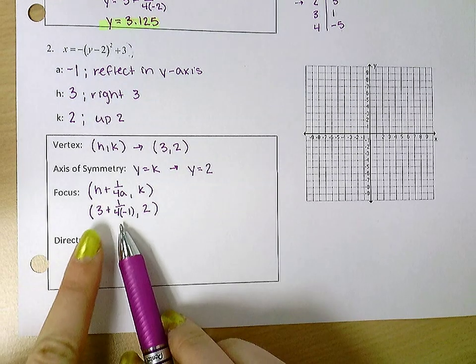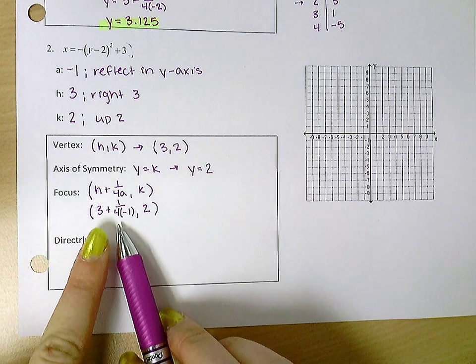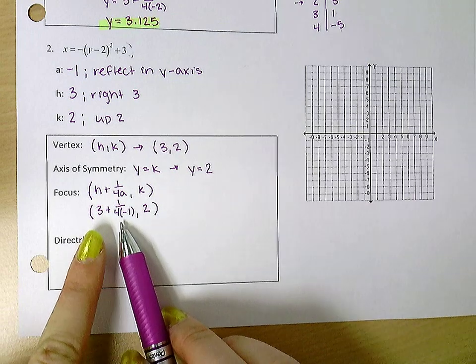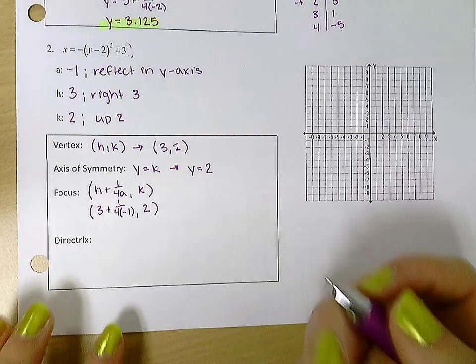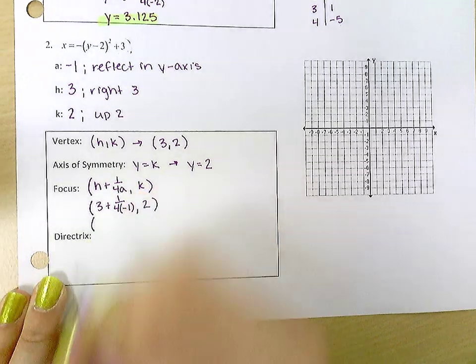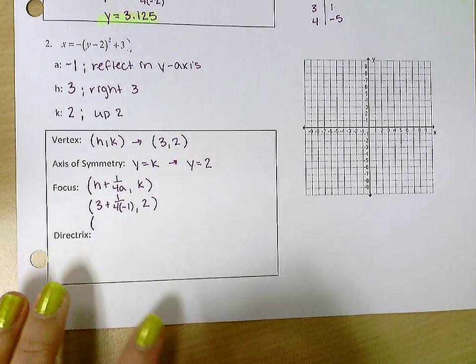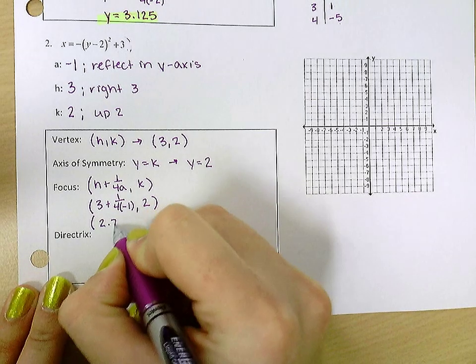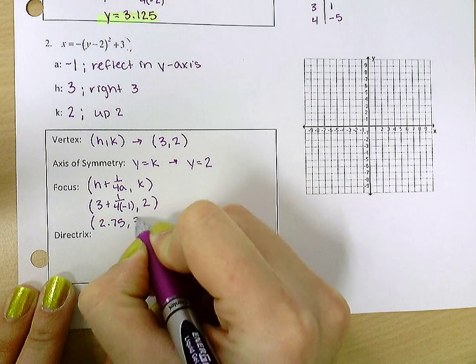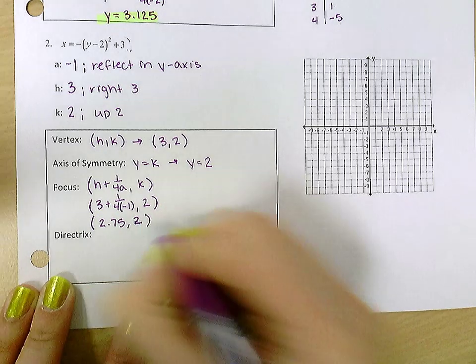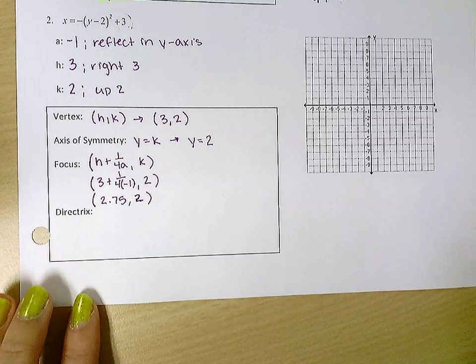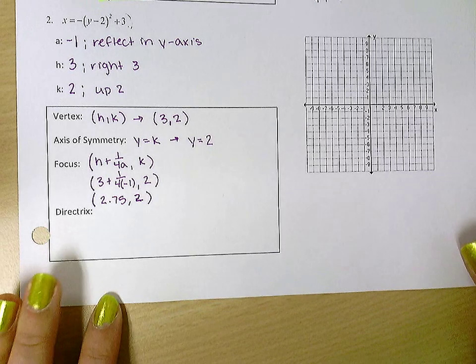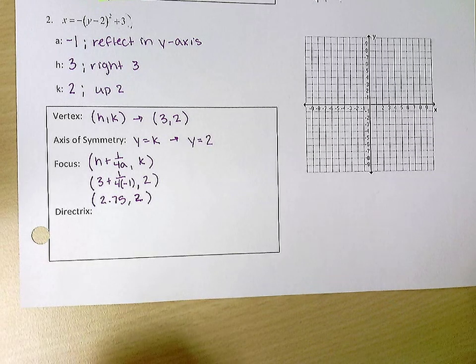Again, we can plug this part into a calculator and get a decimal. So 3 plus 1 over negative 4, we end up with (2.75, 2) as our focus point.